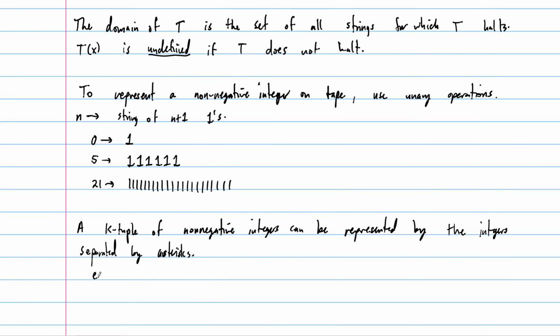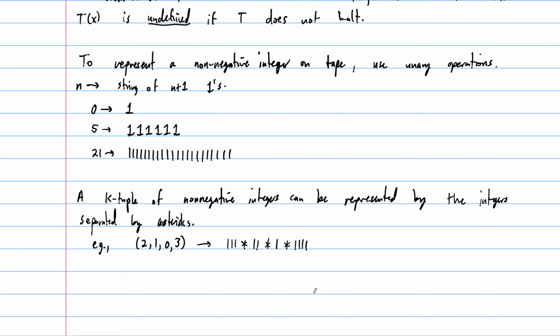So for example, if we want to represent 2, 1, 0, 3, how's this going to be represented? 2, that's 1, 1, 1. Then an asterisk in place of the comma. So we're going to add a symbol to our set of inputs that the machine can read, which is just an asterisk. And then 1, well, that's 1, 1. Star 0, that's 1. Star 3, it's 4 of those, right? So the machine would read this as 1s groups of 3, 2, 1, 4, so we read this as 2, comma, 1, comma, 0, comma, 3. And that's exactly what it would do.